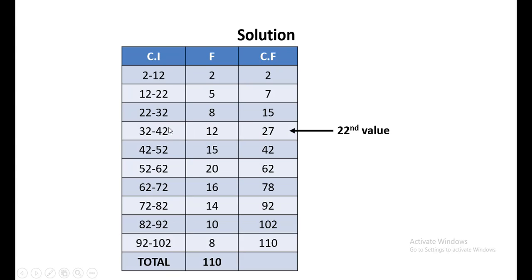The lower boundary is 32, the frequency taken is 12, and CF is always taken from the preceding class, so CF is 15.